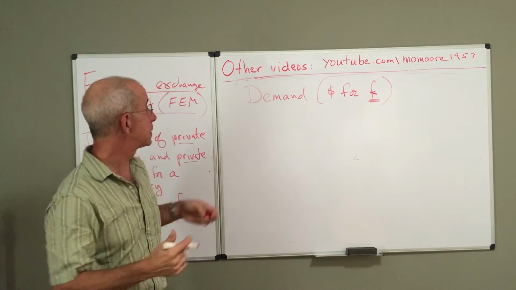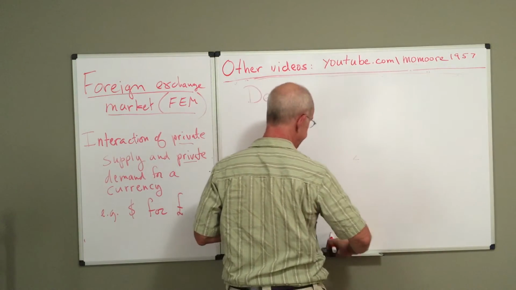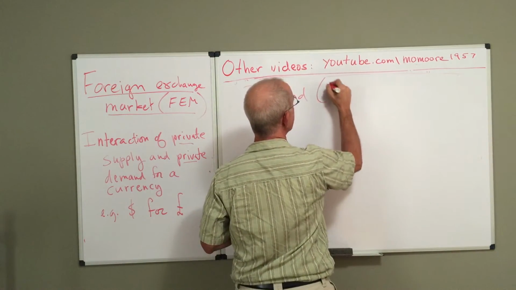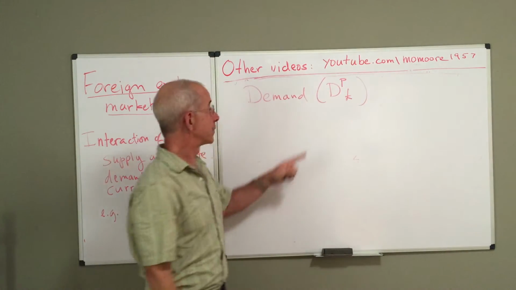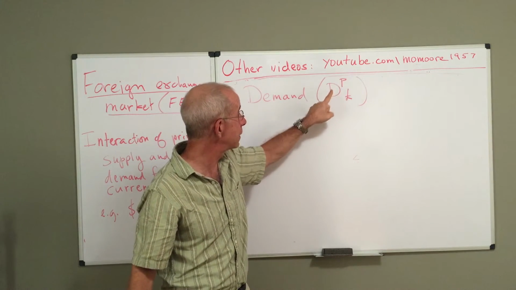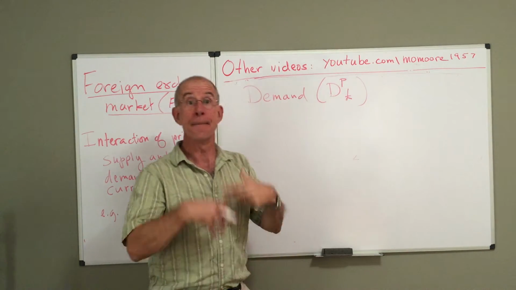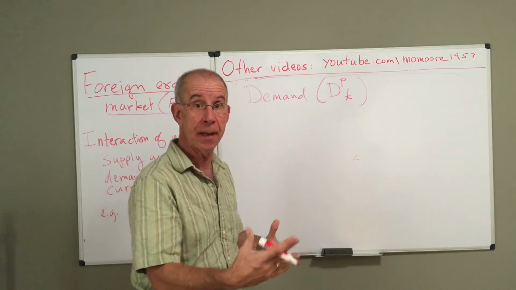You can write this slightly differently. This is the demand for pounds. The P reflects the private part of this, the private demand for pounds by Americans who are bringing dollars to the foreign exchange market in order to get pounds.